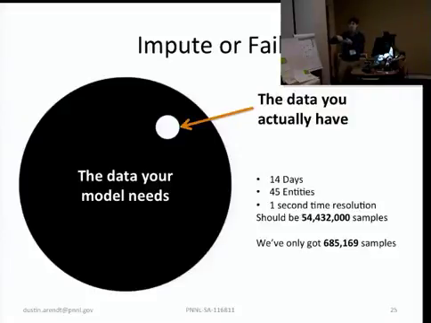In this particular case, that represents about 75 times more than the original data that we have. The reason is that in the data set we're looking at, we've got 2 weeks, 45 things that we're tracking, and a 1 second resolution on our sampling. When you multiply all those together, you would expect about 54 million samples. But we only have 685,000 samples.